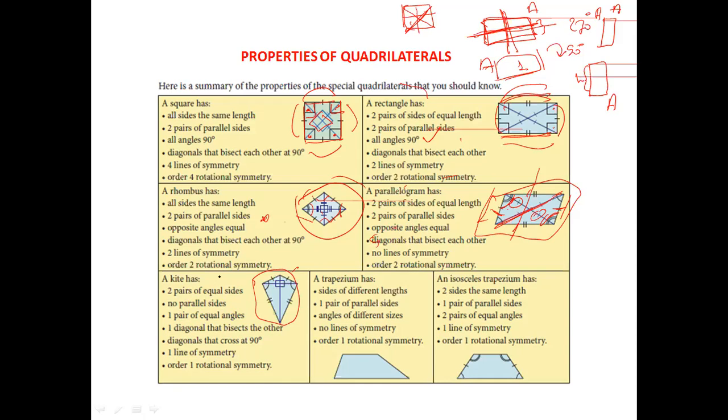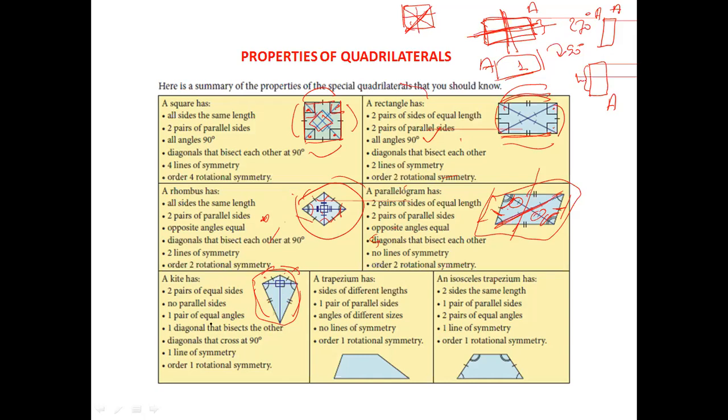Two pairs of equal sides. Here and here are equal to each other, and also here and here the lines are equal to each other. No parallel sides. They're not parallel. This means not parallel. It's only equal. A kite hasn't got any parallel sides.